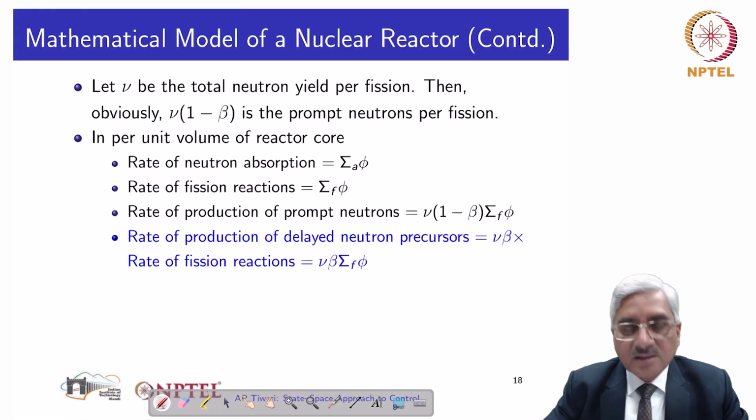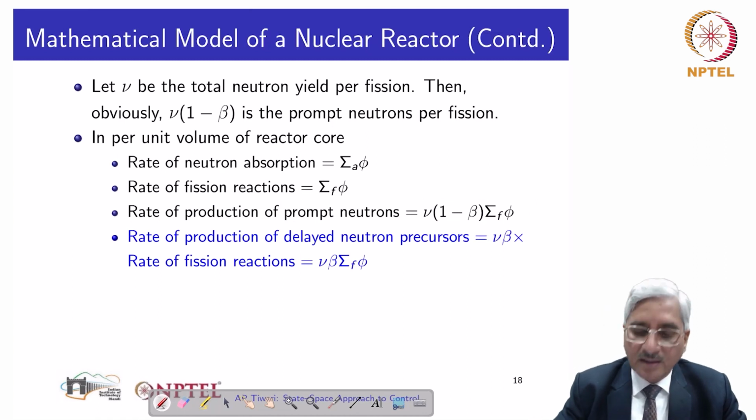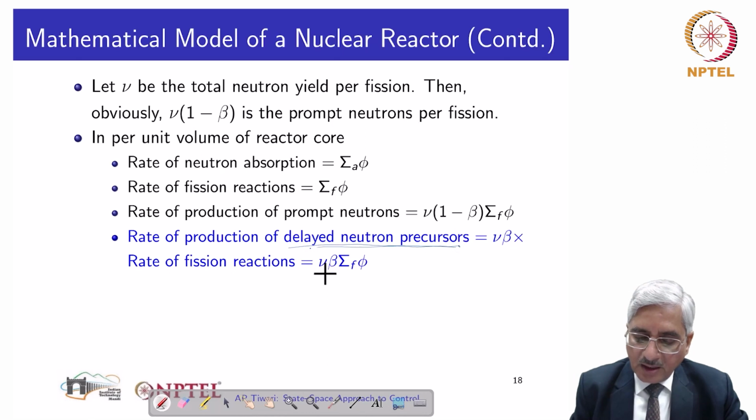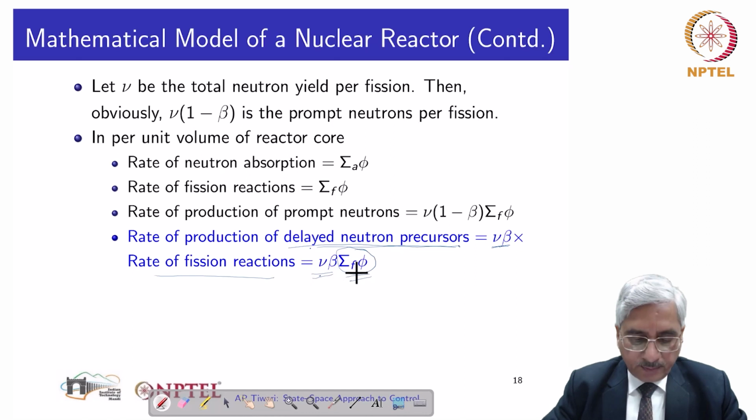Delayed neutrons, as I said, will come through decay of delayed neutron precursors, and that takes time. Of course the delayed neutron precursors are produced in that fission immediately, and that will be nu beta times the rate of fission. Rate of fission is sigma f times phi, and nu beta times sigma f phi is the rate of production of delayed neutron precursors.